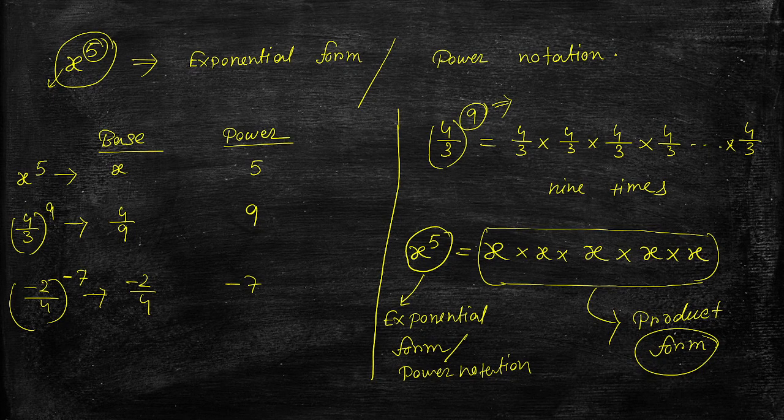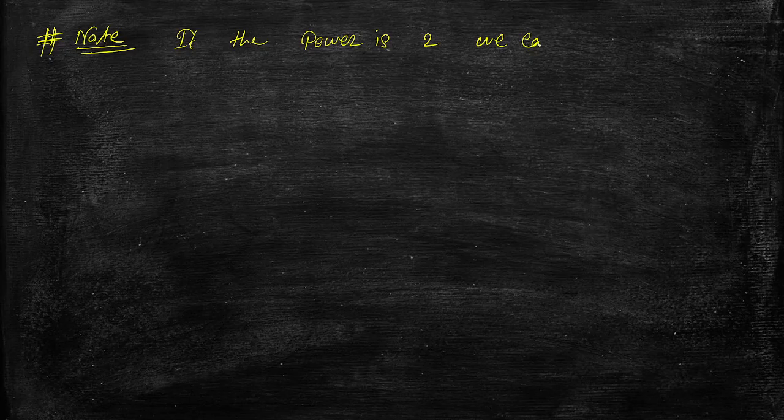Now one thing to be noted: if the power is 2, we call it square, and if the power is 3, we call it cube.